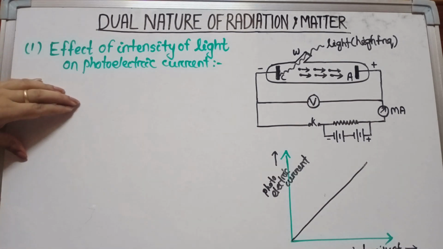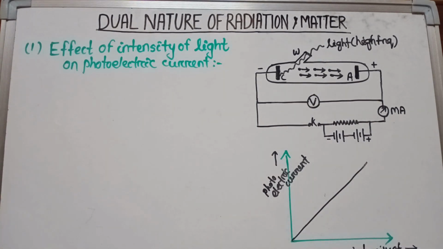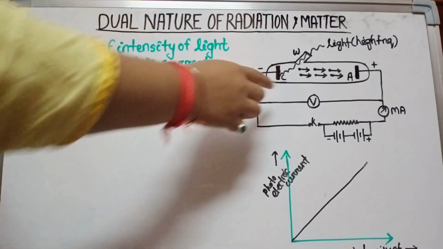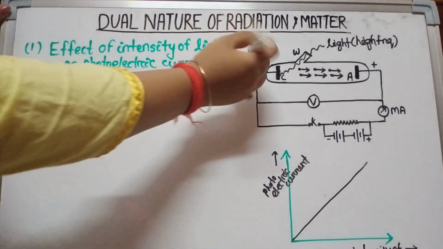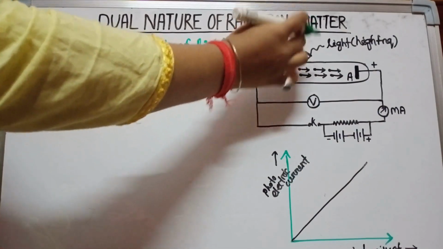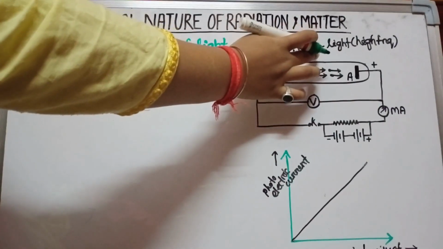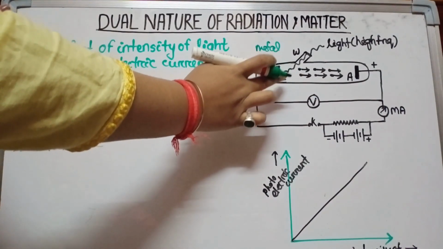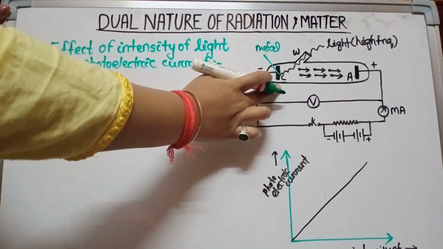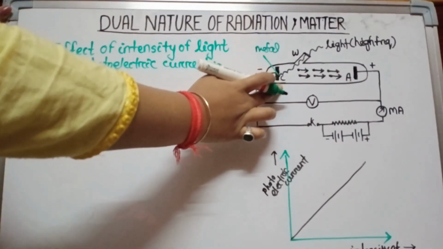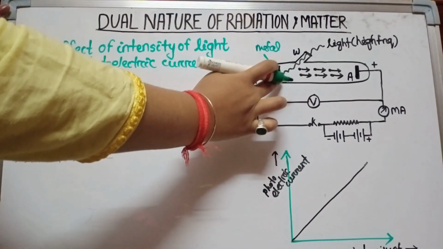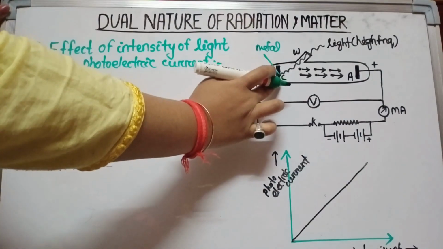Before that, you must first be clear about what photoelectric current is. When suitable high frequency light falls on the cathode plate, which is the metallic surface, the free electrons acquire energy and are released from the metal surface.